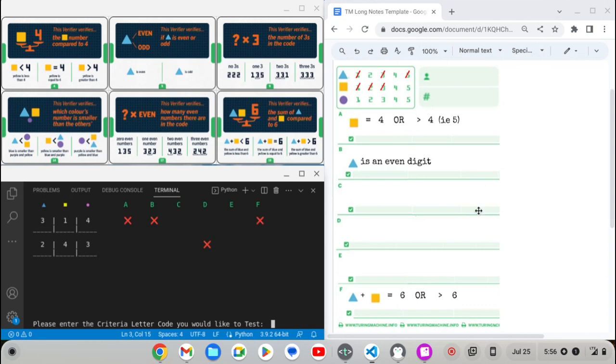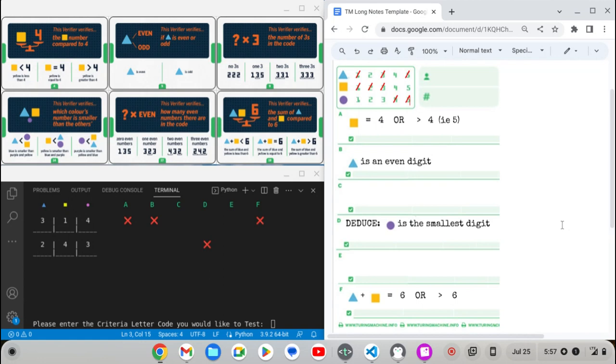So let me go ahead and type that up in section D, that I'm going to deduce that circle is the smallest digit. Alright, so if it is the smallest, I don't think it could be a 5. It can't be a 4 either. It could be a 3. So it can't be 4 and it can't be 5.